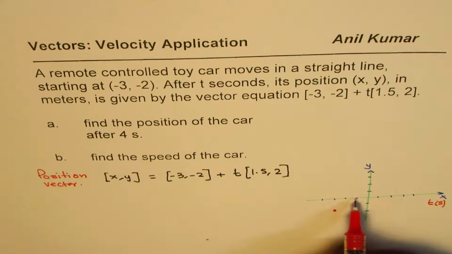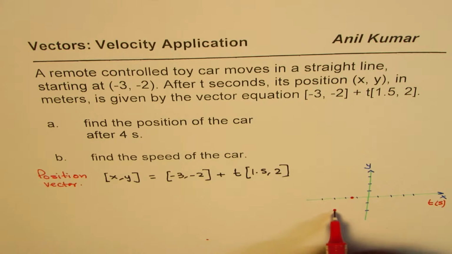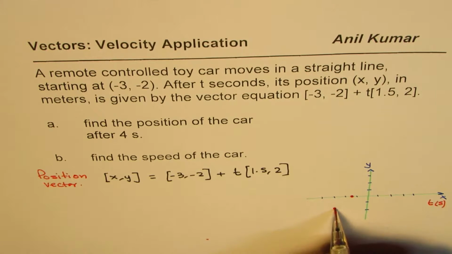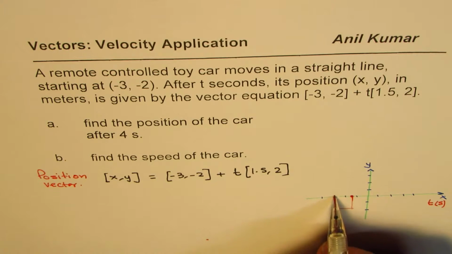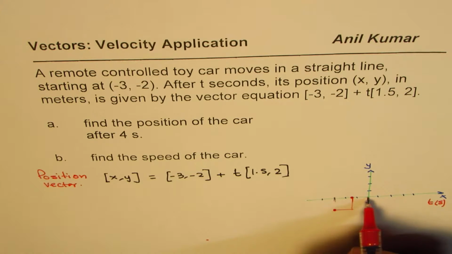So 1.5 is like midway here and 2 above. So it reaches this place. Do you see that? 1.5 to the right and 2 above, right? And then again, it keeps on moving in this direction, 1.5 and then 2, kind of like this.